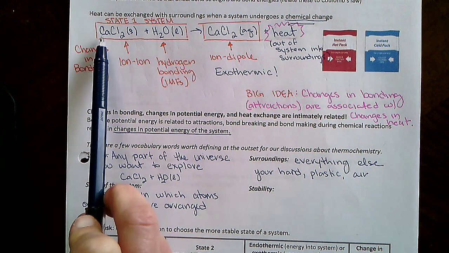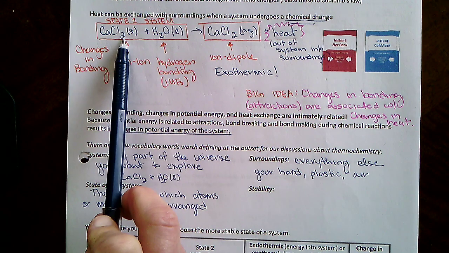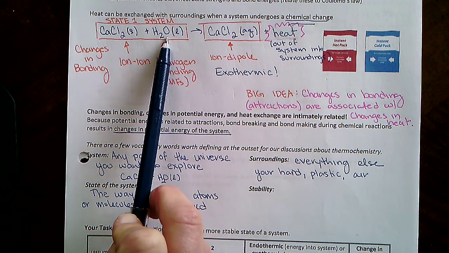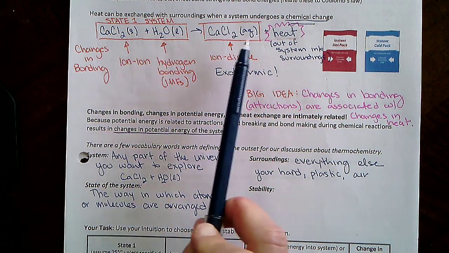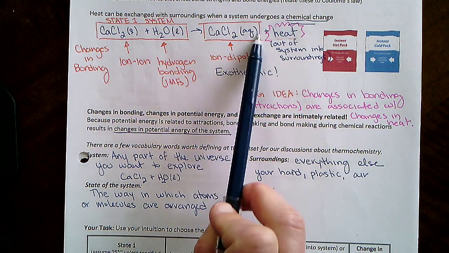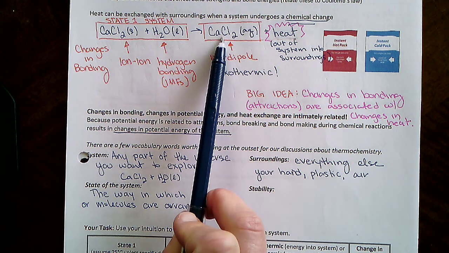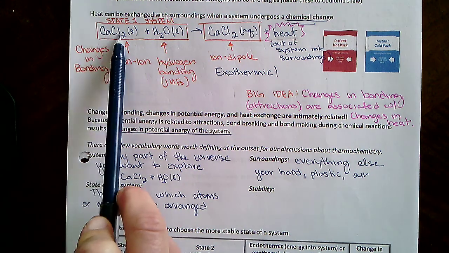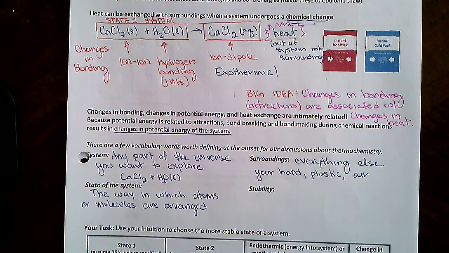So notice calcium chloride and these ionic attractions as a solid, water, hydrogen bonding, versus the calcium 2+ ion being surrounded by water and the chloride minus ion being surrounded by water. The atoms in the system are the same, but the way in which they're arranged are different.